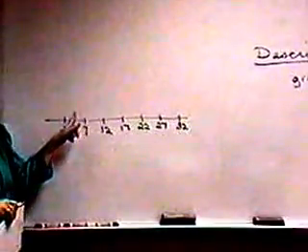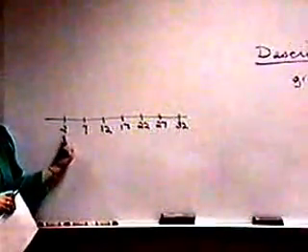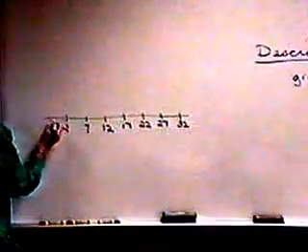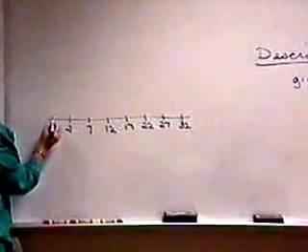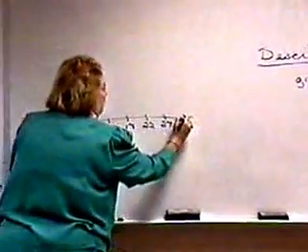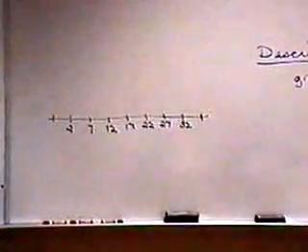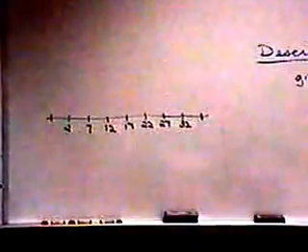You always write the actual midpoint for each one. Another thing about a frequency polygon, you need to add one mark to the left and one mark to the right. We need an extra mark to the left and to the right before we start graphing.